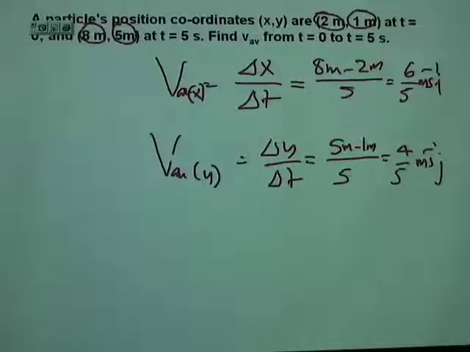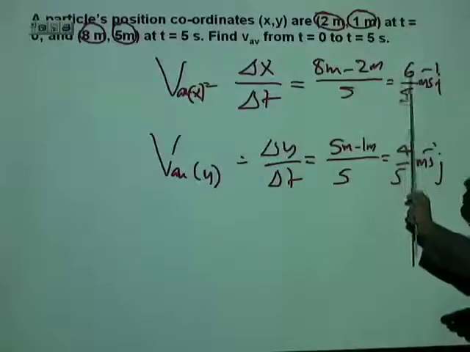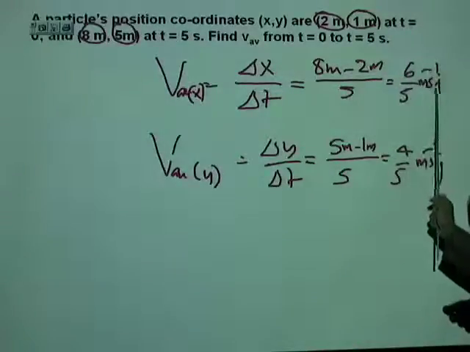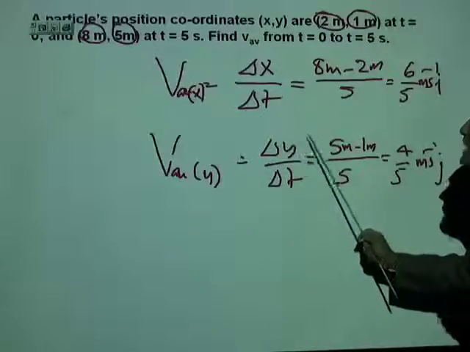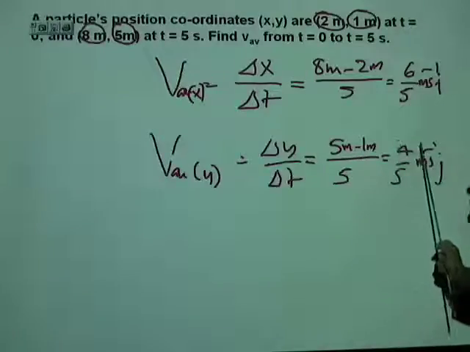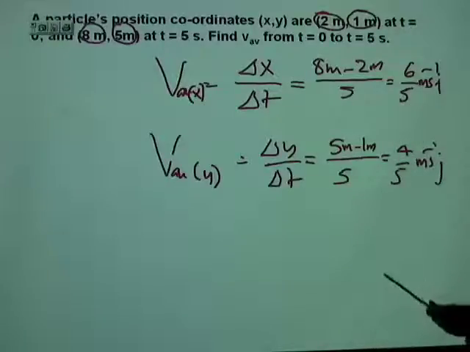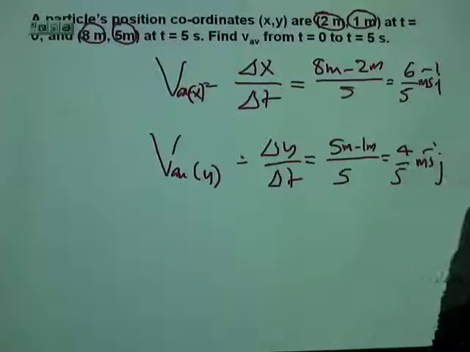So you have an average velocity in the x direction, which is 6 over 5 meter per second i, and average velocity in the y direction, which is delta y over delta t, that is 4 over 5 meter per second j.